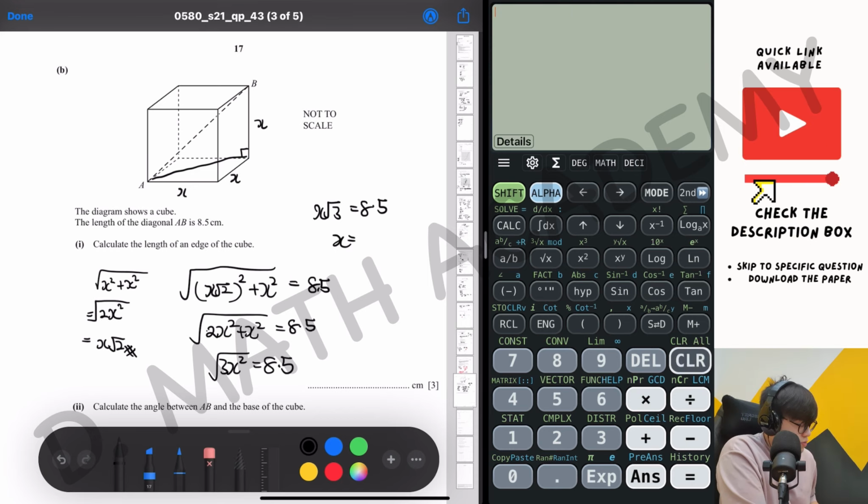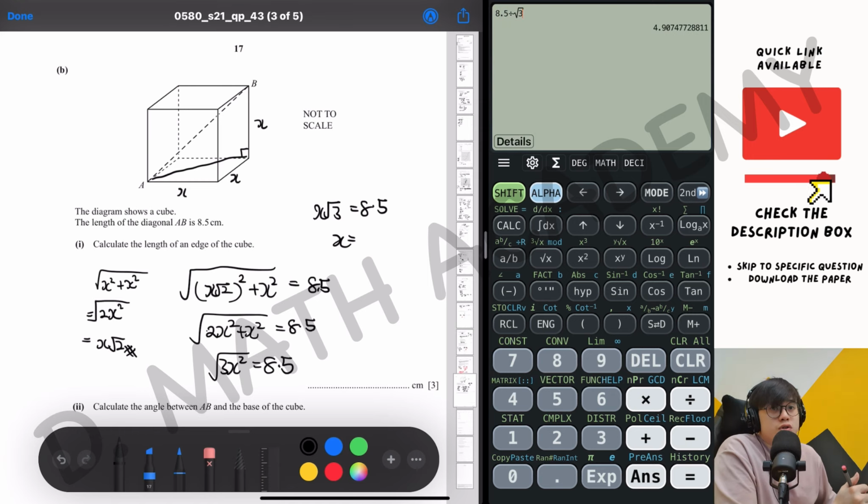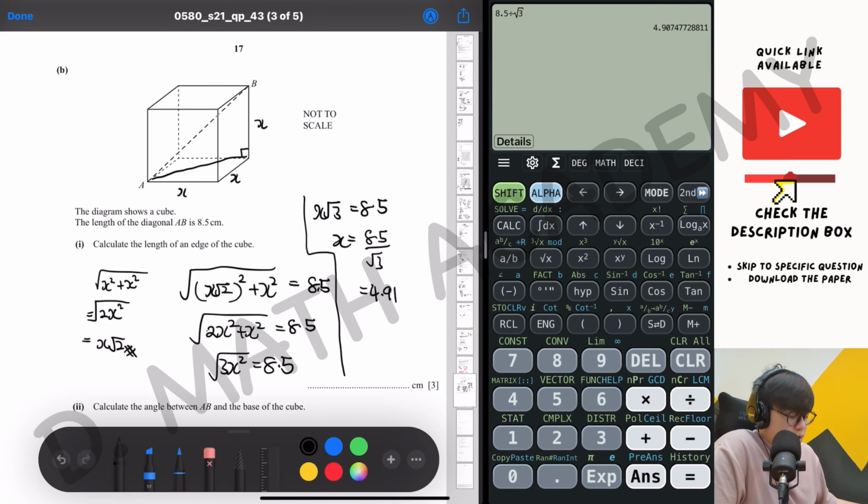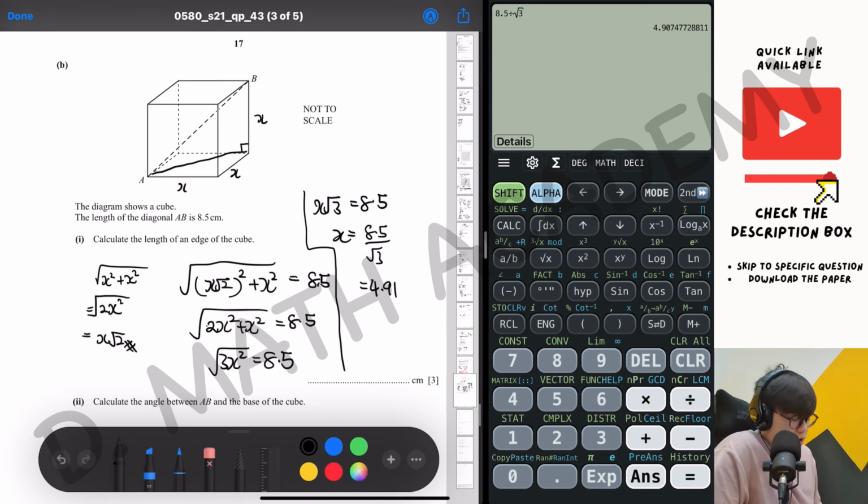So the x answer will be 8.5 divided by square root 3. You should get your value as 4.91. Okay, so that's how you calculate the length of the edge of the cube.